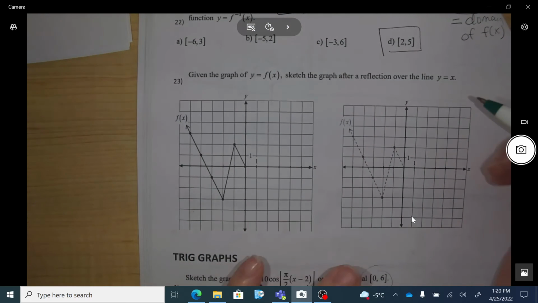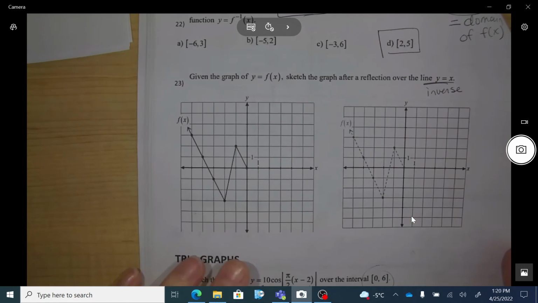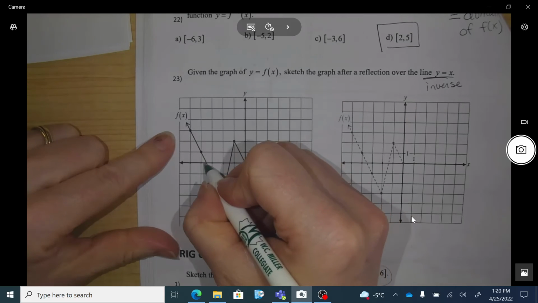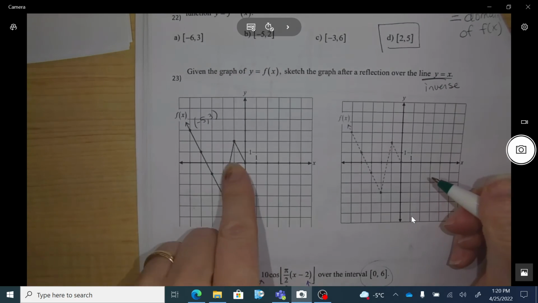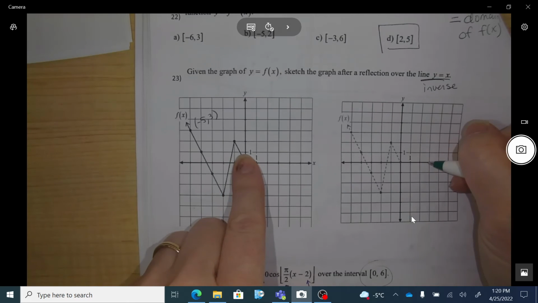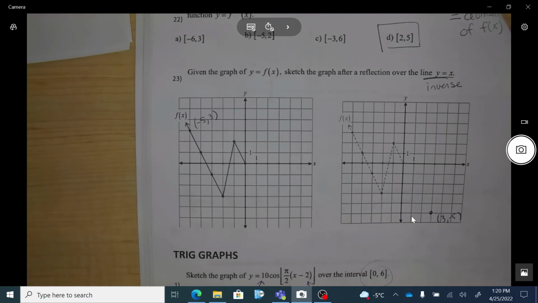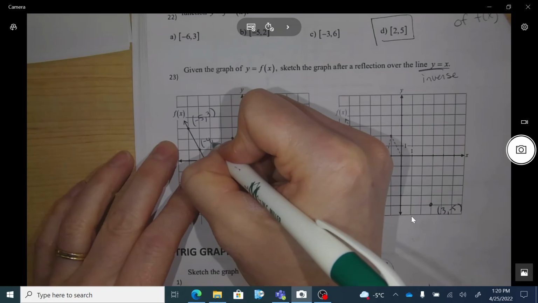Sketch the graph. So this is the inverse. Again, same thing. So I'm going to grab some points. 1, 2, -5, 3. We'll go to 1, 2, 3, -5. 1, 2, 3. -4, 1.